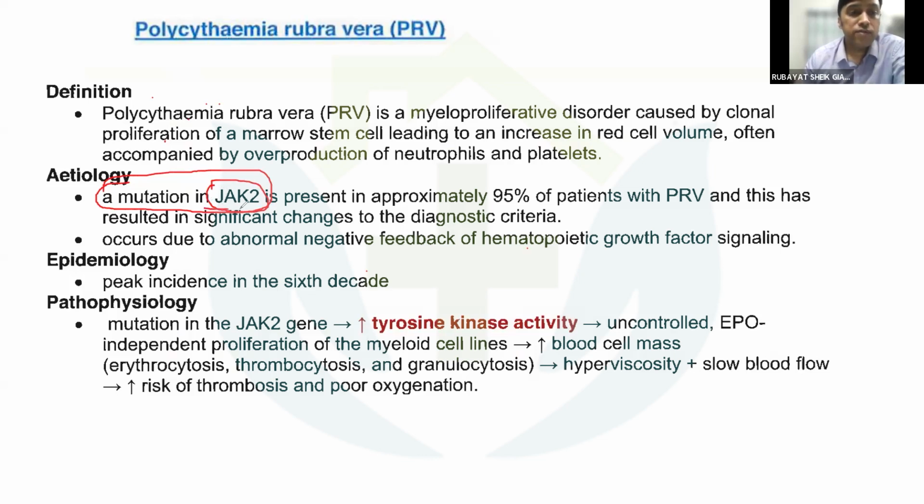So you have JAK2 mutation also in polycythemia rubra vera. It increases tyrosine kinase activity, leading to increased erythropoietin activity and rise in hemoglobin. So you must remember the JAK2 mutation.